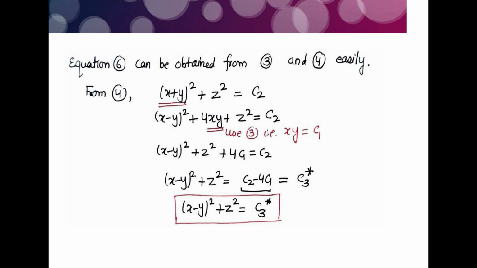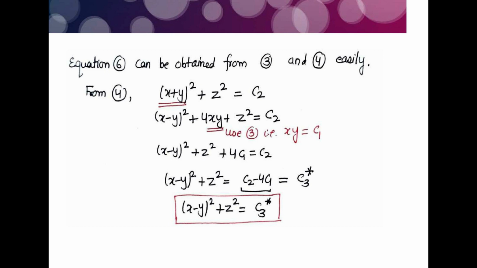Now see the expression on the left hand side. It is x minus y square plus z square equal to c3 star, and this is exactly the same form as equation number 6. So we can have different forms, but overall structure of these equations or integral curves will be this, that we can find out one expression from the other.